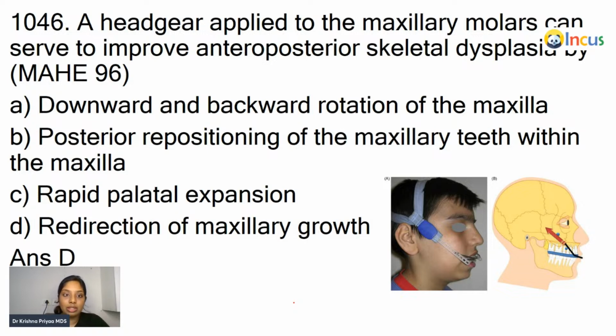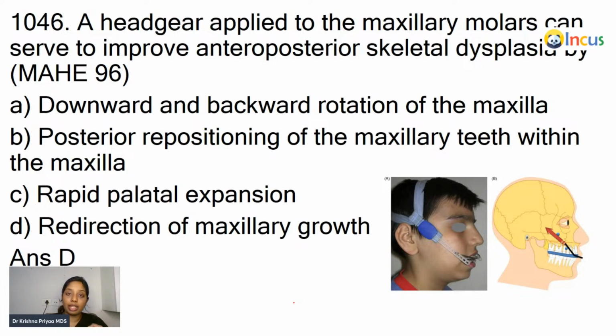Why is this answer chosen? Because in the first option, downward and backward rotation, they have not given which type of headgear is used here. It can either be high pull or cervical, so we cannot be very sure about choosing this as the right option. Posterior repositioning of the maxillary teeth means translation of the maxillary teeth within the maxilla.